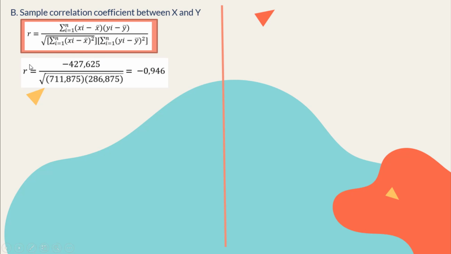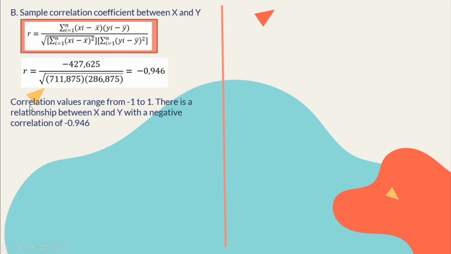The table before makes it easier for us to calculate R because we have the result of the calculation for each part of the equation, so we can input the results in this equation. For R, or the sample correlation, we get the result minus 0.946.